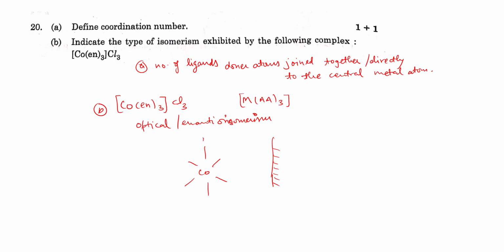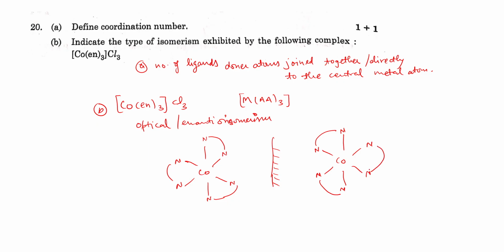So basically en means ethylene diamine. So I'm writing it directly as NN, NN, and on this side also N, N. So when we take the mirror image of this one, basically what we have is NN, again N, N, and this side also NN.